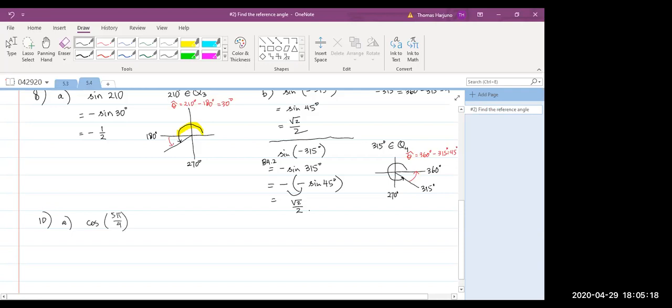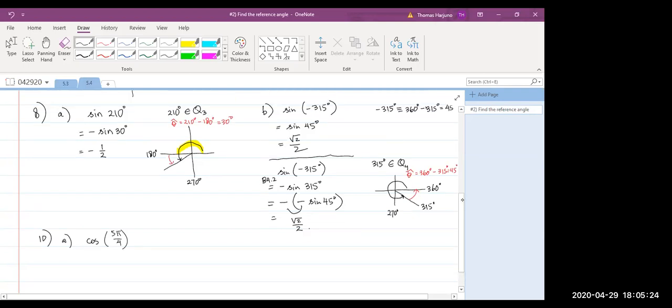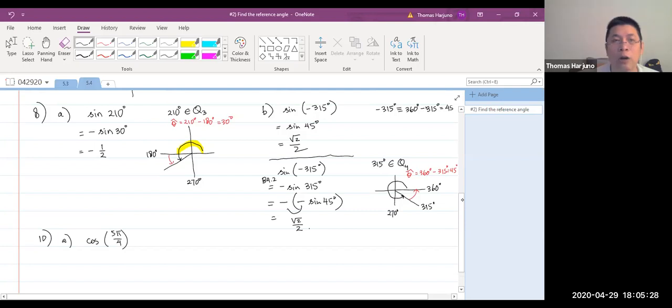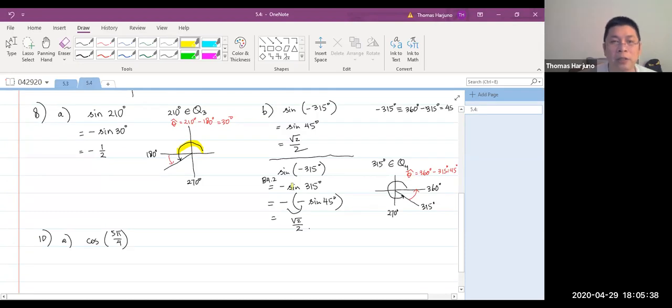Sorry, Professor, quick question. On the last example, it looks like sine should be negative, right? Sine in quadrant 4 is negative, that's right. But the answer here says radical 2 over 2. Why is that positive? What happened is, if you look at sine 315 only, that gives you a negative value.